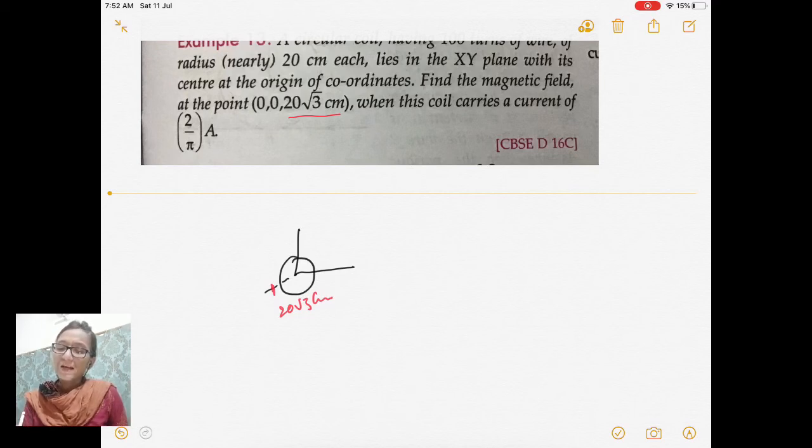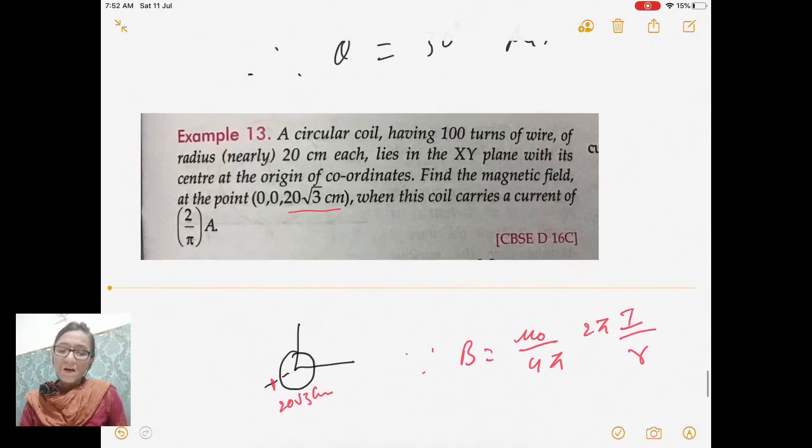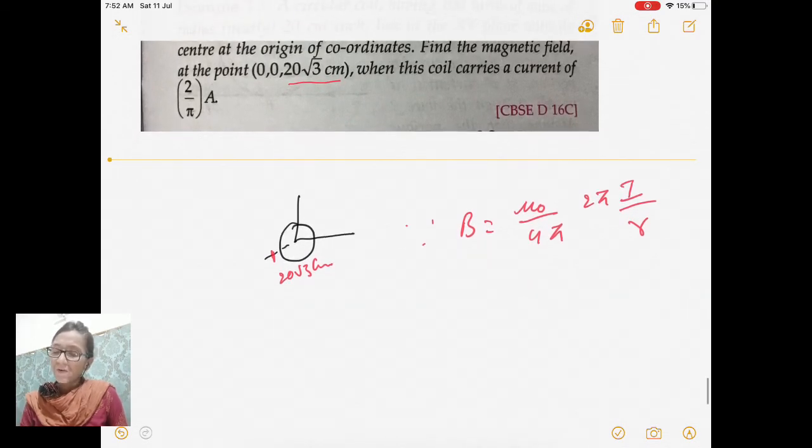When this coil carries a current of 2 upon pi ampere. Now since due to circular loop, B is equal to mu naught upon 4 pi 2 pi I upon R. And since you have how many number of turns? 100 turns.